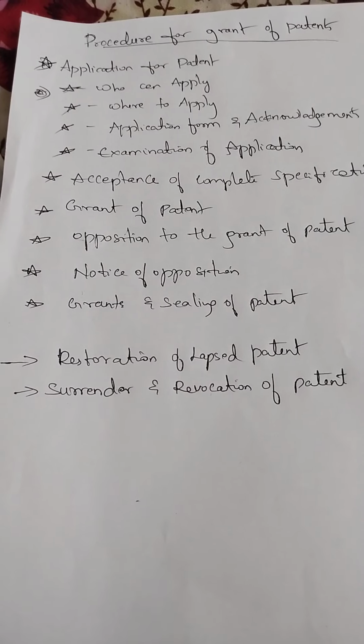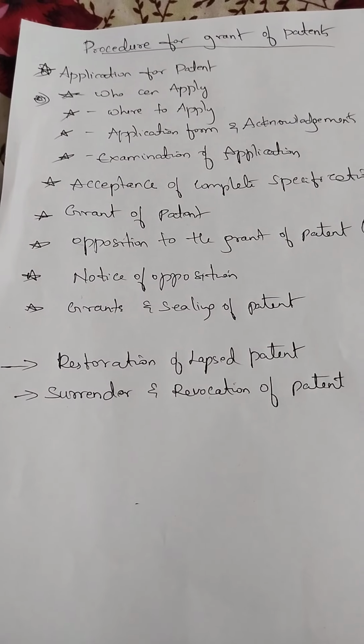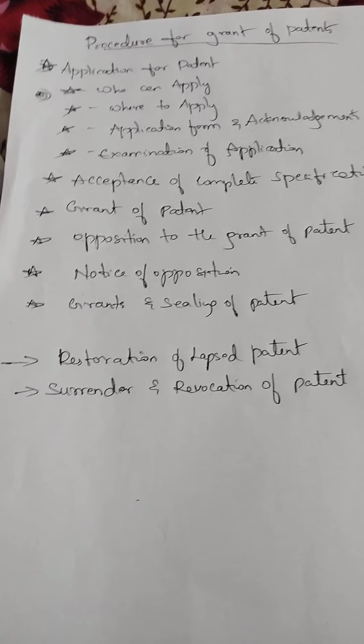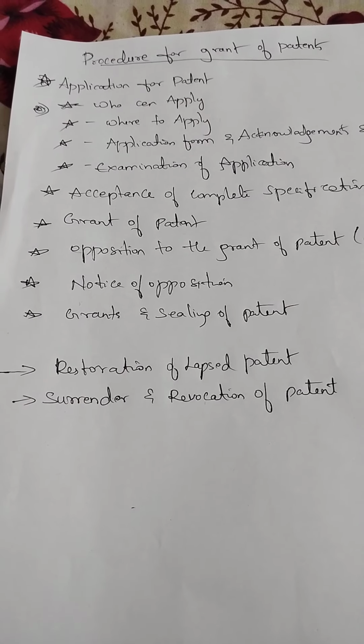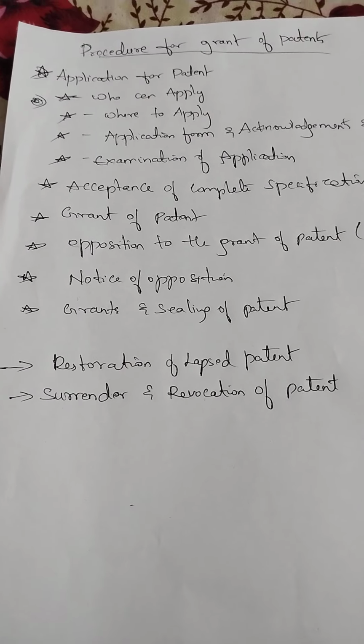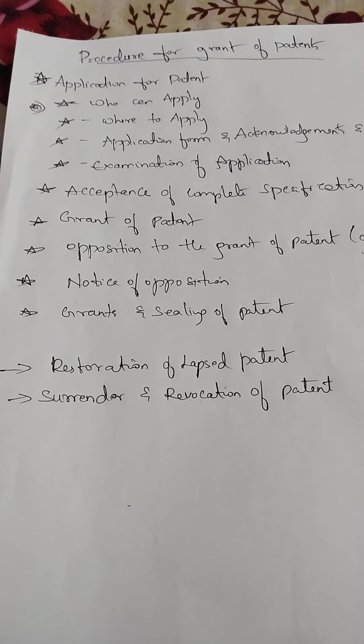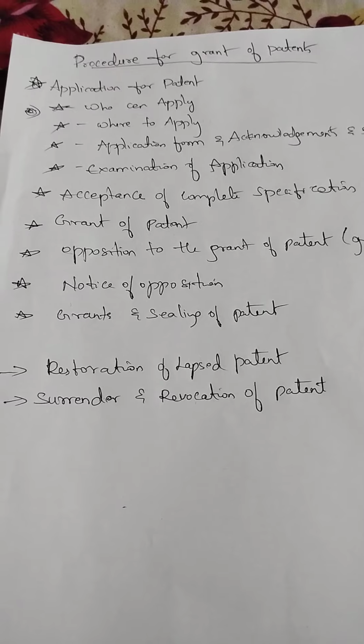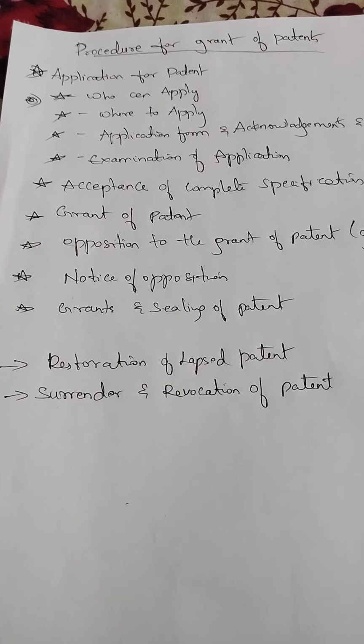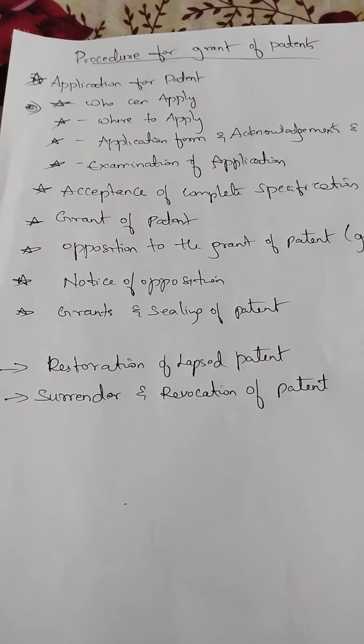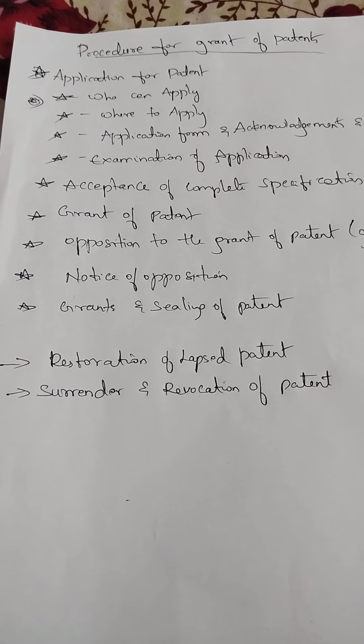But another important acknowledgement with the application form will be the specifications. Now I told you, when the application is made, along with the application, the specification, that is a provisional specification, should be submitted. And after 12 months, the complete specification has to be submitted.